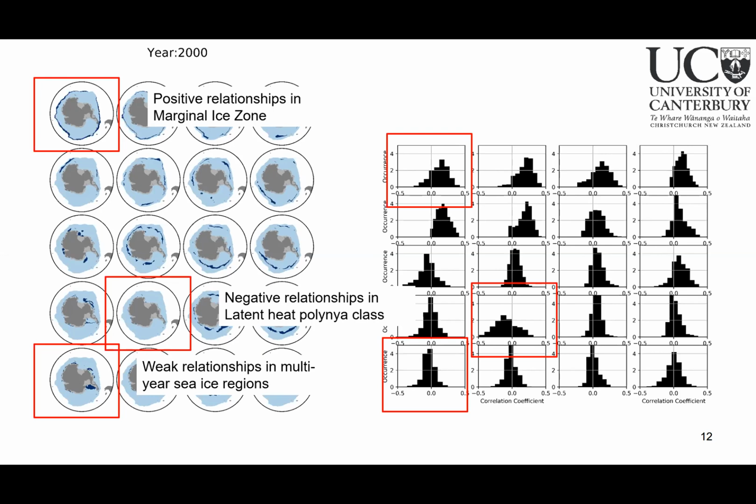Would that be a fairly broad but okay comment? I think it is, and it's noticeable that the most negative region is the polynya region, which is where winds are acting to blow the sea ice out, which makes some physical sense.